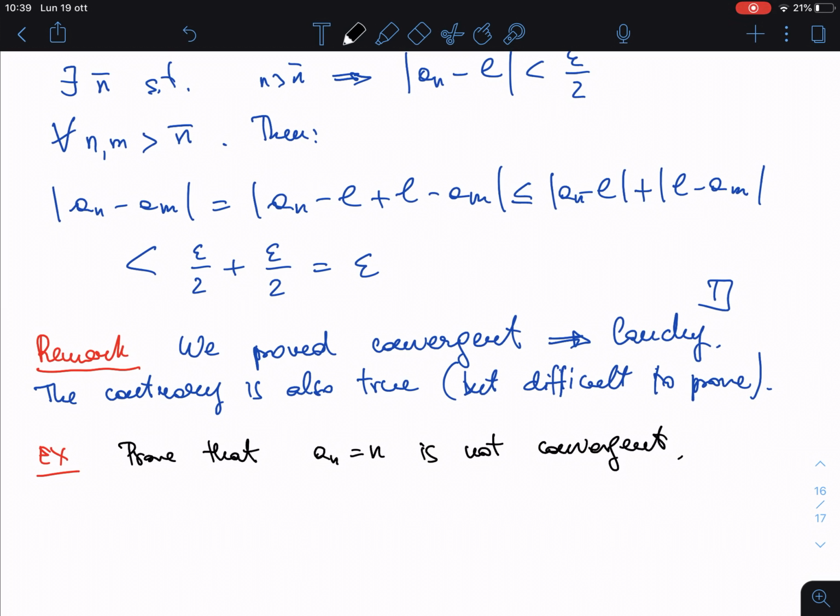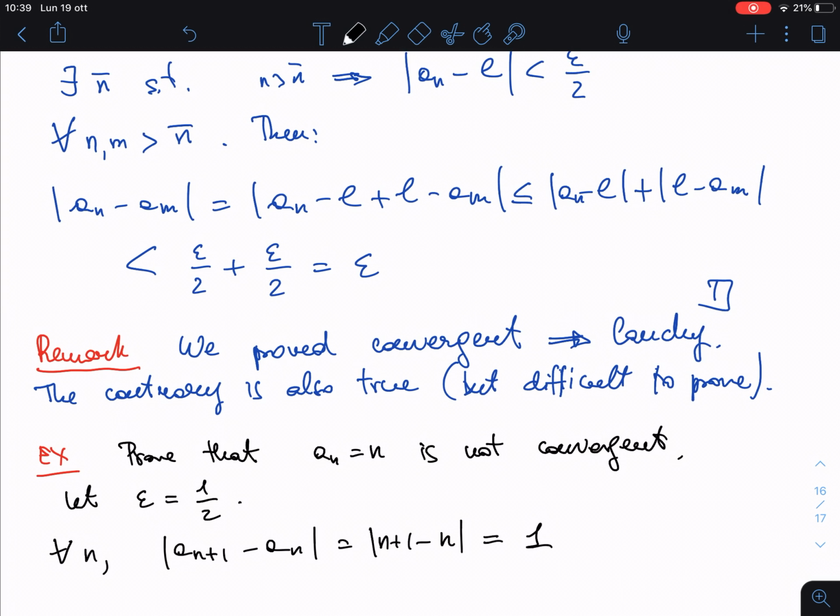And this is quite simple. Let epsilon equal to 1/2, for instance, or whatever you want. For every n, if you have a_(n+1) minus a_n, this is n plus 1 minus n, and this is equal to 1, which is larger than 1/2.